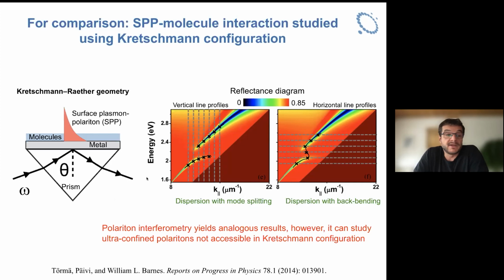And this is essentially what we showed here. We can use polariton interferometry with the help of near-field microscopy to study strong coupling features in a similar fashion to what one could do with the Kretschmann-Raether configuration. There's a lot of information and literature already around, and all that can be readily transferred to analyzing data obtained with a near-field microscope.